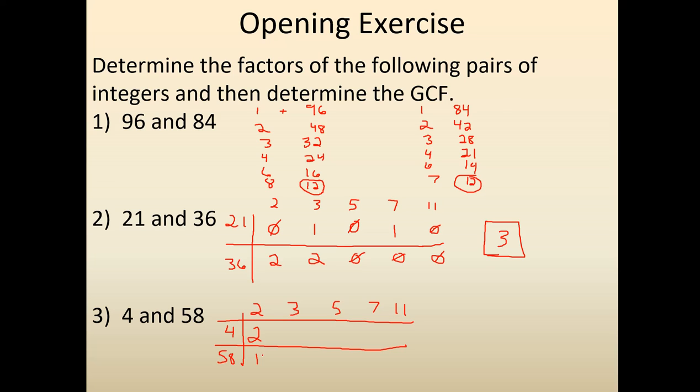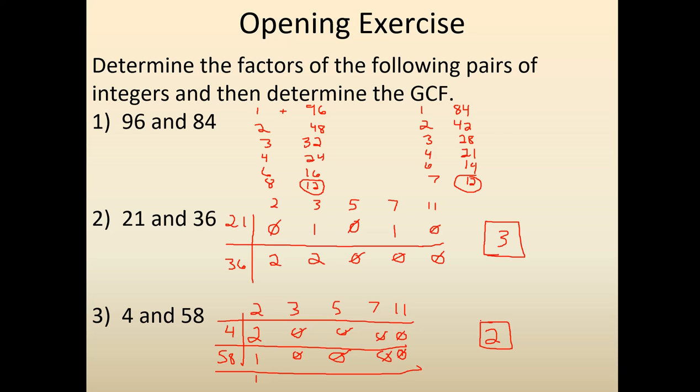And honestly, we can actually stop at this point because they're not going to have any other common factors. So the only factor that they have in common is 2, and the smallest number between these is 1. So that means here the greatest common factor is 2.